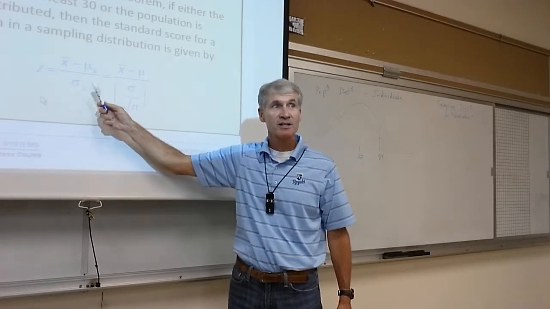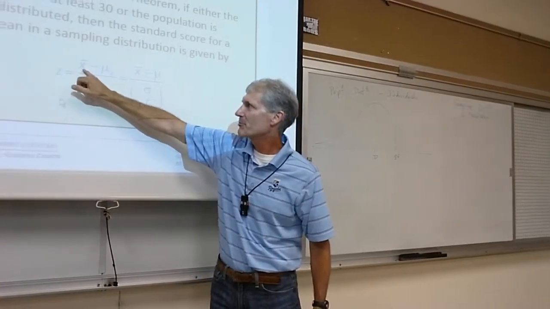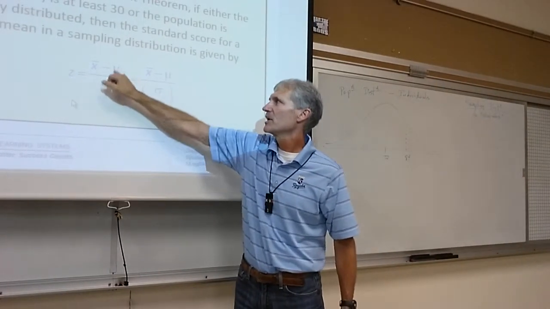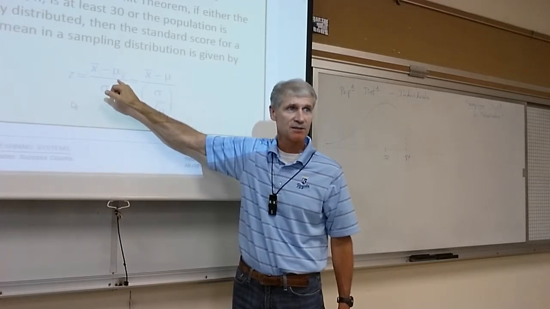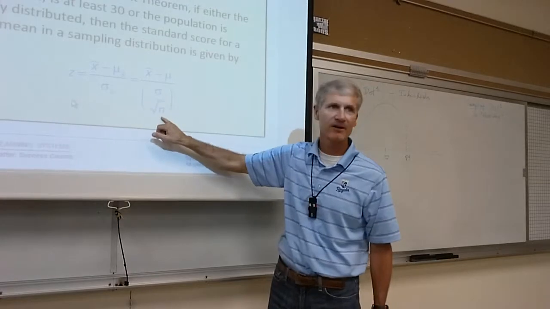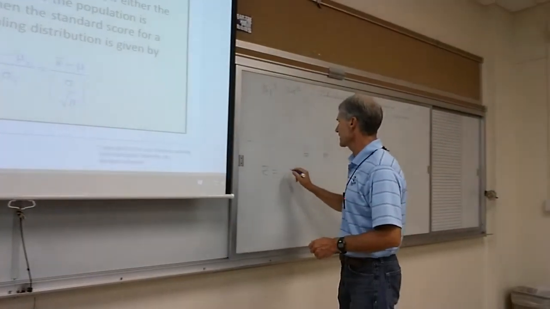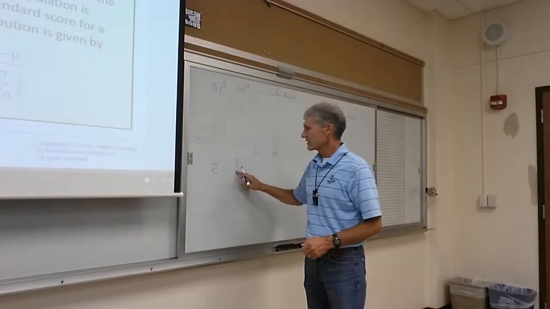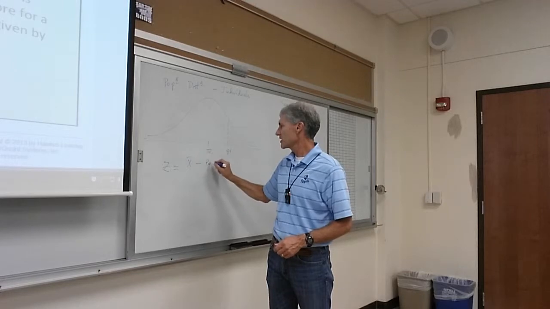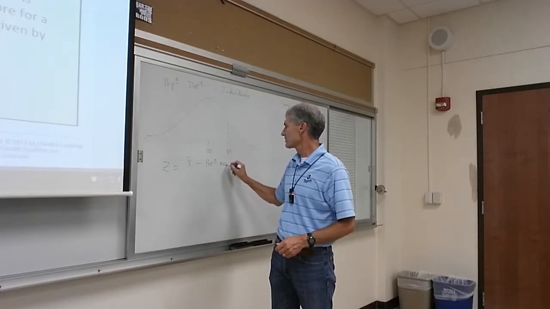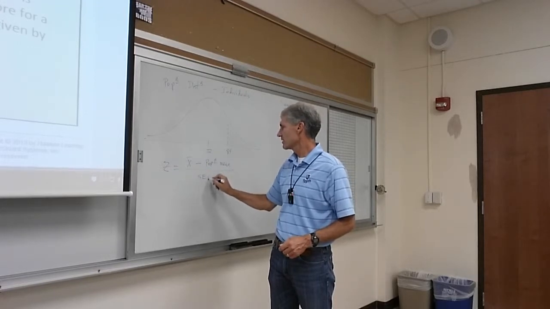But now it's of a statistic, x bar, so you've got the sample mean minus the mean of all possible sample means, which is the population mean, divided by standard error. Right? So the z-score now is z equals the sample mean value you're interested in minus population mean, divided by standard error of the mean.